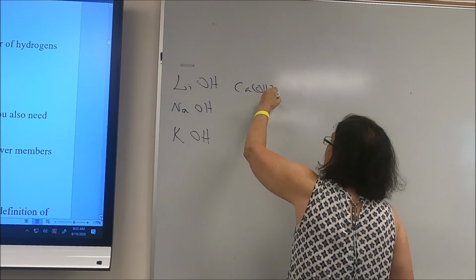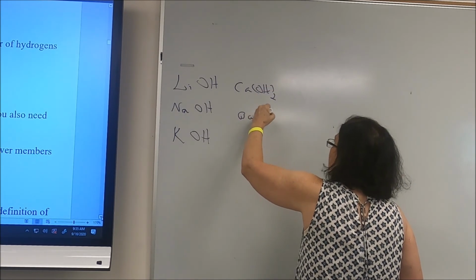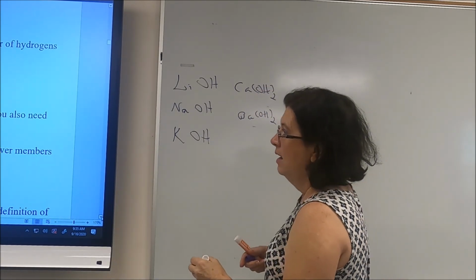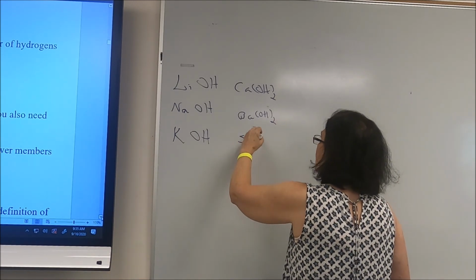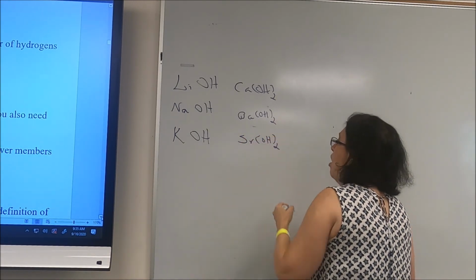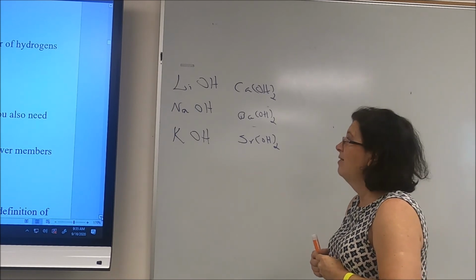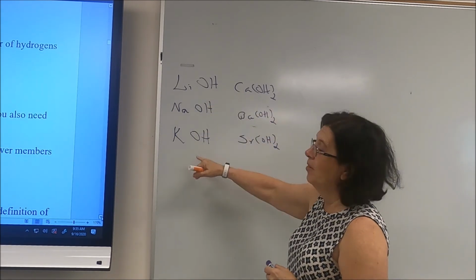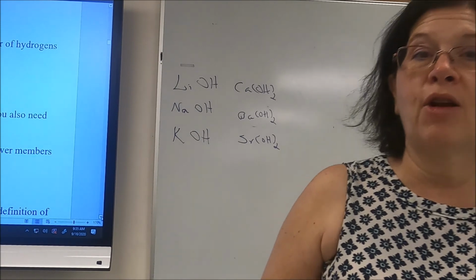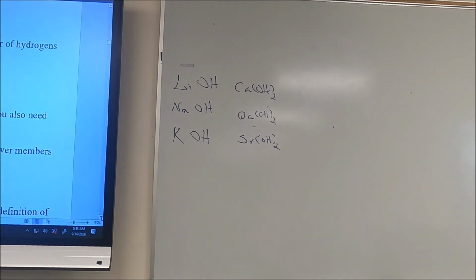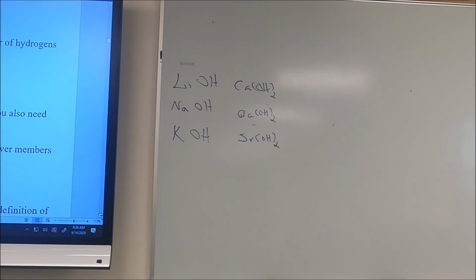Calcium hydroxide, barium hydroxide, and strontium hydroxide are also considered strong bases, although they don't dissolve like the lithium, sodium, and potassium hydroxide do. Okay? Now, when we get into other definitions of acids and bases, we're going to expand our definition of bases, and we'll encounter some new strong bases there.